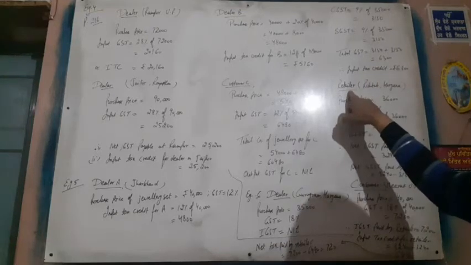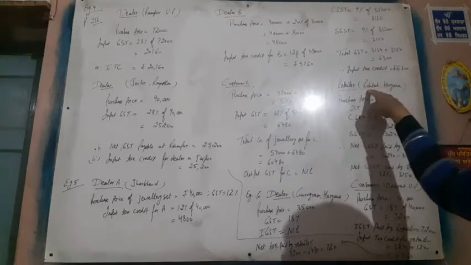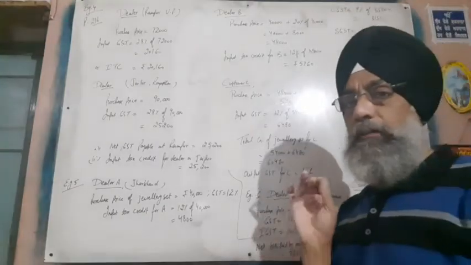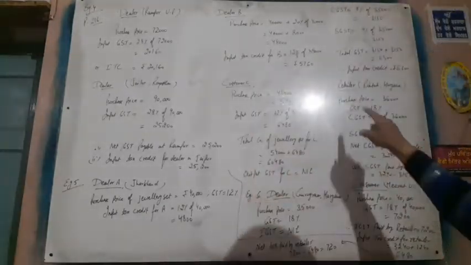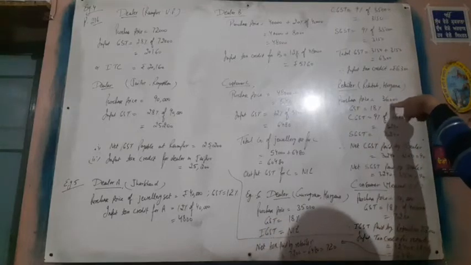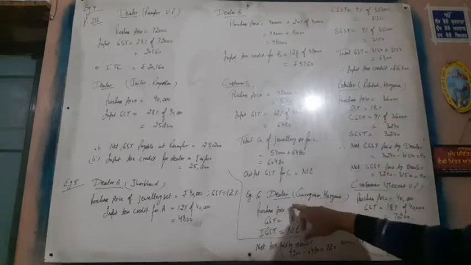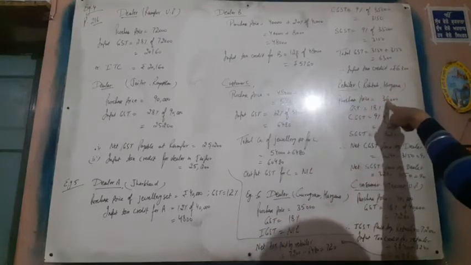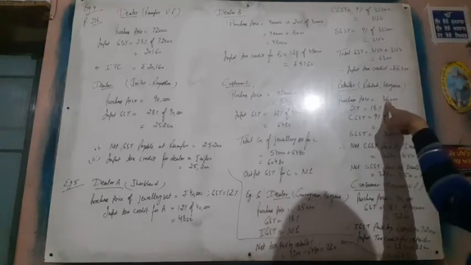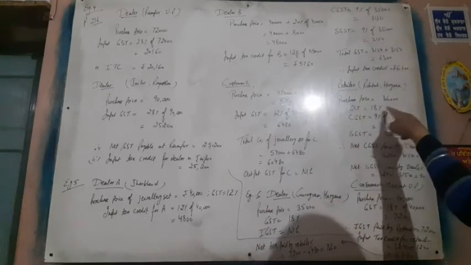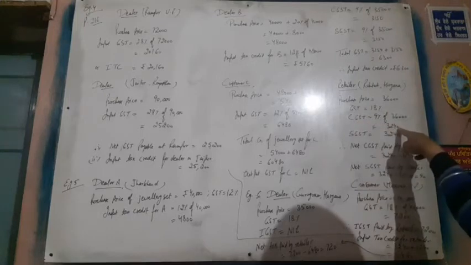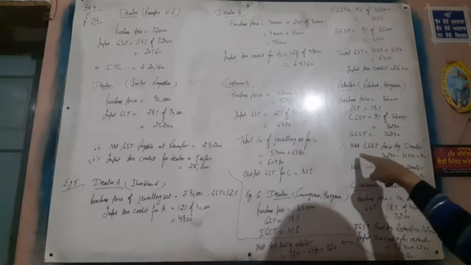He sells it to a retailer. The retailer is in Rohtak, that is in Haryana. Again, the same state. The dealer sells it to the retailer at 36,000, so the purchase price for the retailer becomes 36,000. GST 18%, CGST 9%, 3240, SGST 3240.